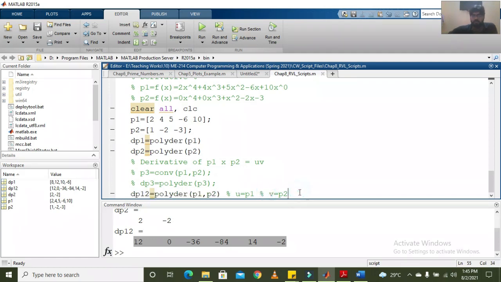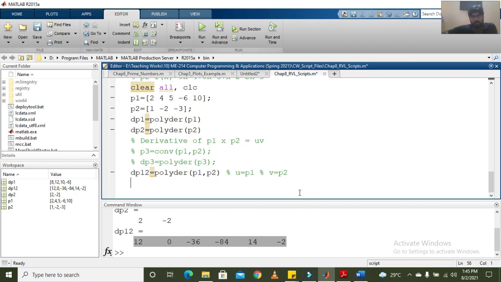And for both cases the polyder command will be used, but the only difference is that in the first case, when I want to calculate the derivative of one variable, the input argument will be the only polynomial for which I want to calculate the derivative. But when I am talking about the multiplication of two polynomials and derivative, then I will enter two polynomials in the input argument.